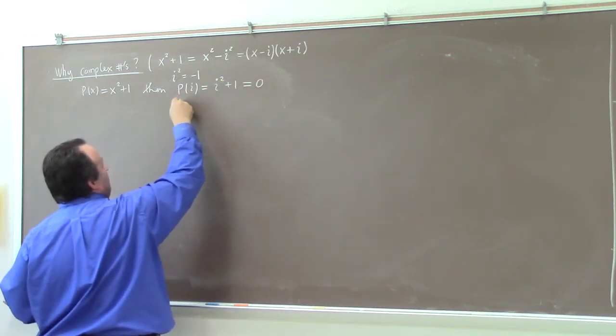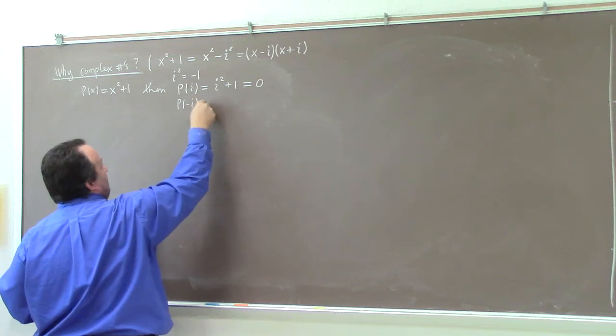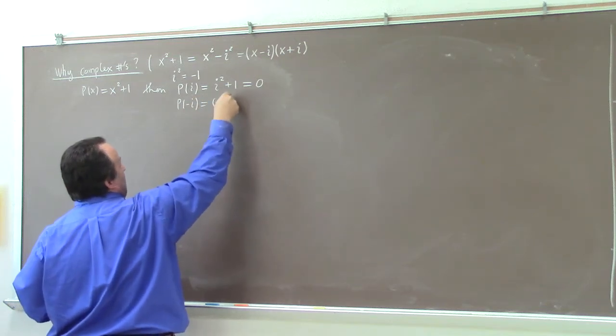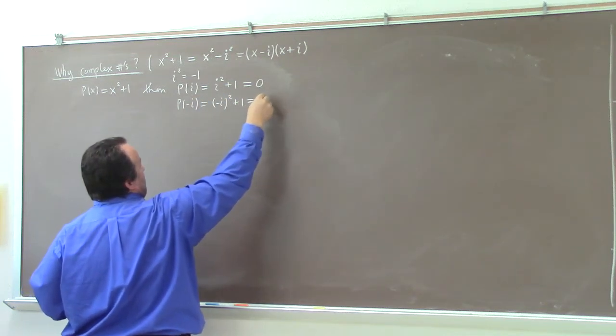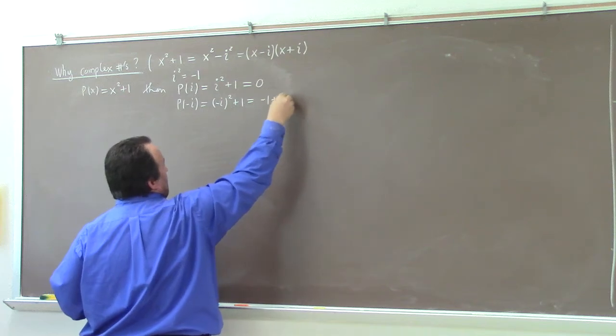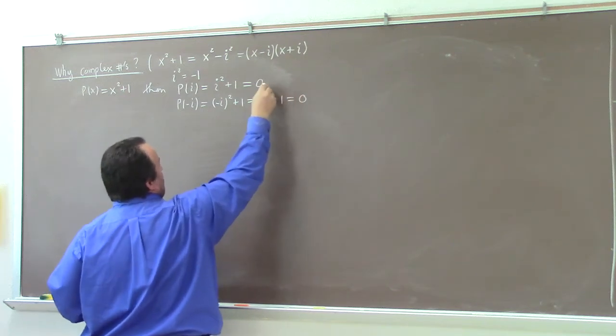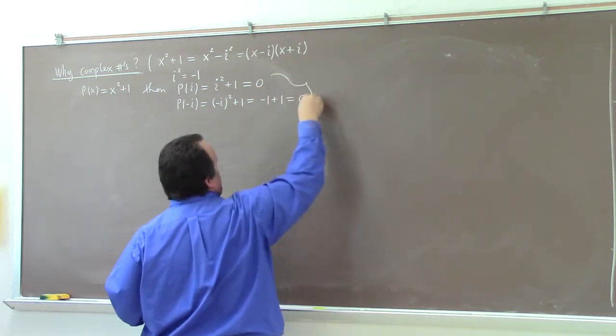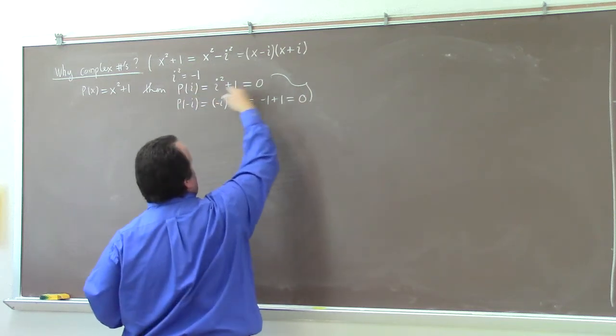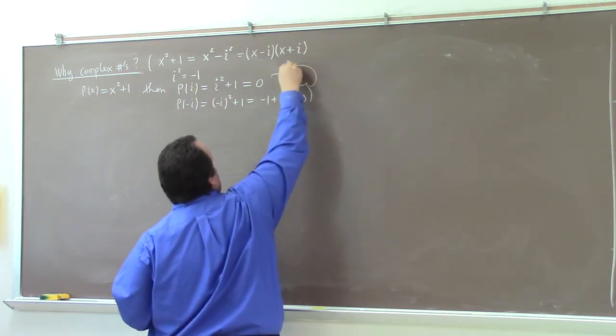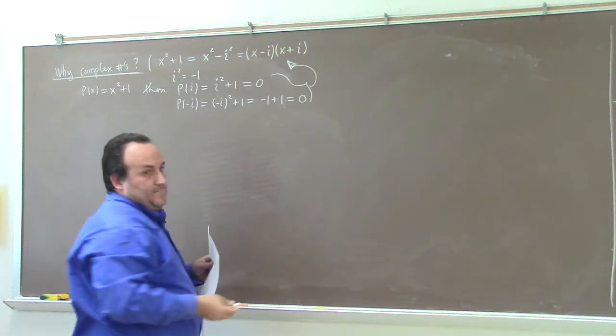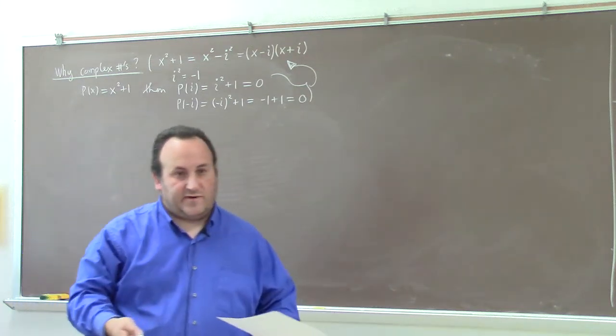And also p of minus i is minus i squared plus 1, which is minus 1 plus 1, which is 0. So here are your zeros of p of x, and here are your factors. So the factor theorem still holds for complex numbers.